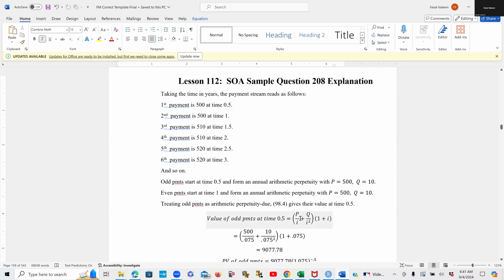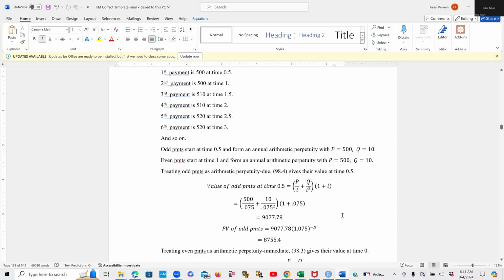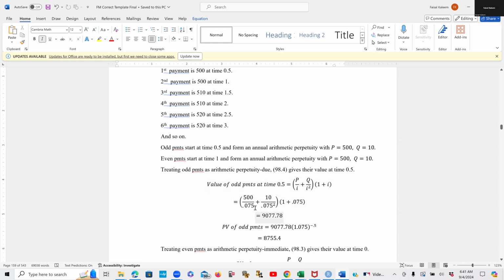So P is 500 and Q is 10, and the interest rate was given to be 7.5%. Substituting these, we get the value of the odd payments at time 0.5 to be 9077.78, and we need their present value, so we pull this value back through half a year. You multiply it by 1 plus I to the power negative 0.5, and that gives us 8755.4.